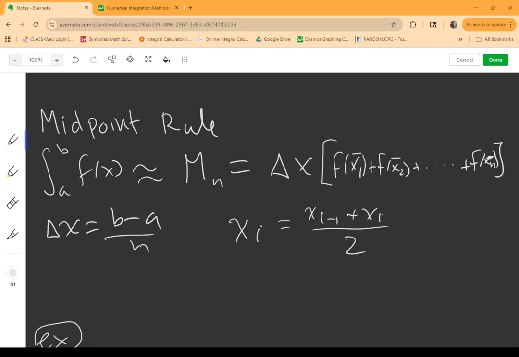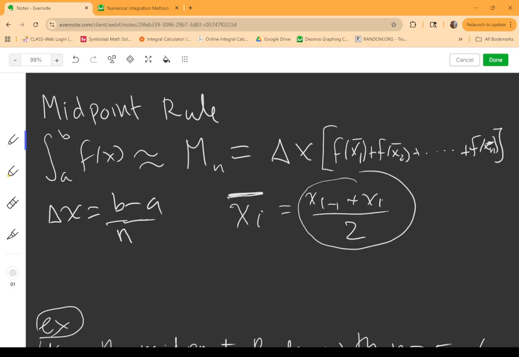The delta x is simply the length of the interval divided by the number of rectangles you want, which we'll call n. And x sub i bar, so any of these, x1, x2, can be calculated by calculating the midpoint of any given interval. So that's the midpoint formula.